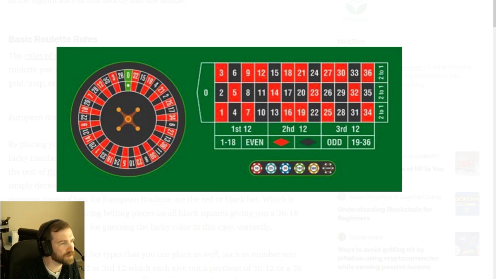I didn't notice that. The numbers are not entirely... huh. I thought it was all just going to be red, black alternating, but they change them up occasionally. Is it every group of... It's not. Huh.